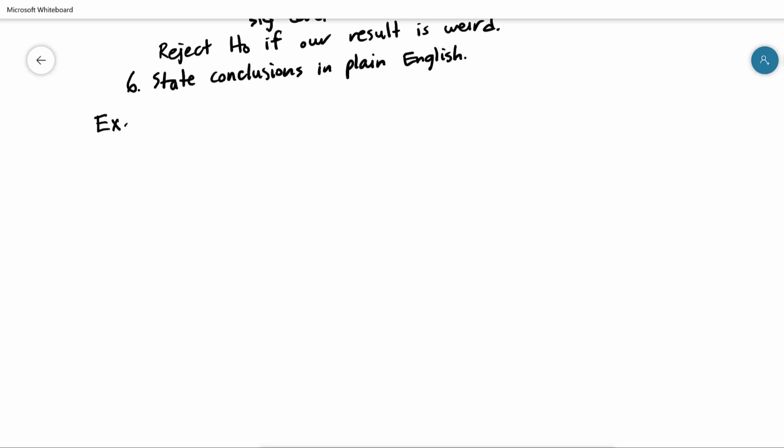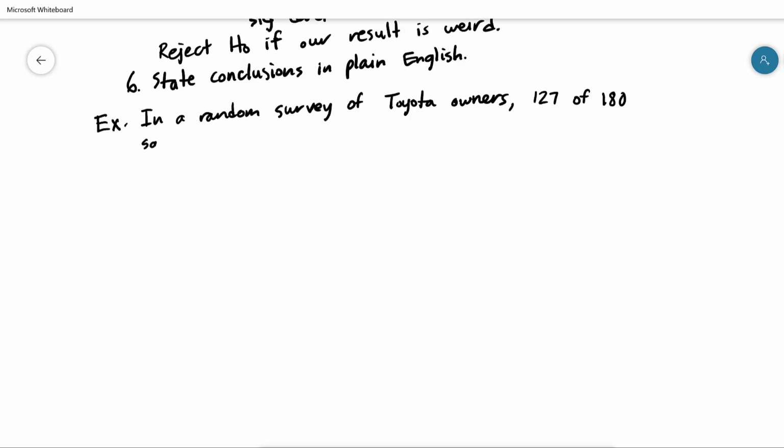So here's our example. In a random survey of Toyota owners, 127 out of 180 said they'd recommend their vehicle Toyota, so they'd recommend the brand Toyota to a friend.